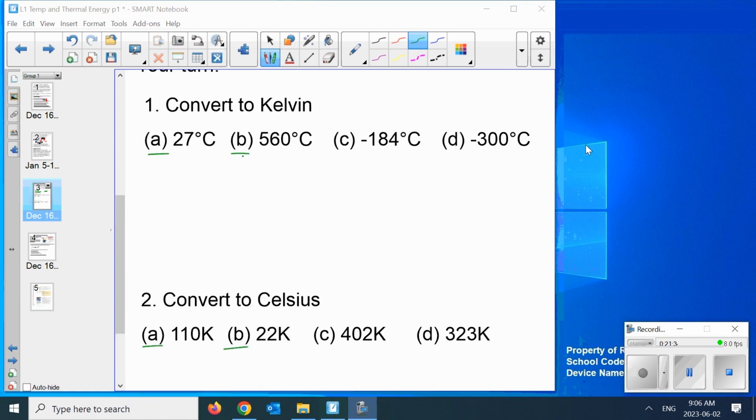As I mentioned, just the first two, you did not show work. Converting to Kelvin, add 273.15, but I'm not worried about the significance. 27 degrees Celsius is the same as 300 Kelvin.